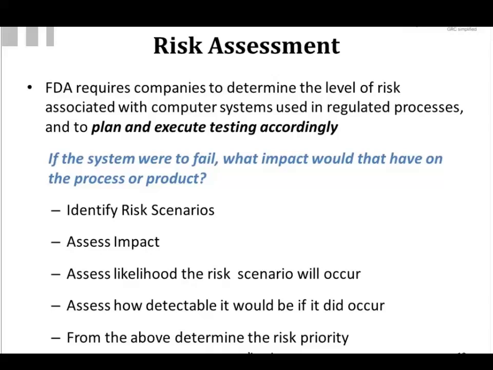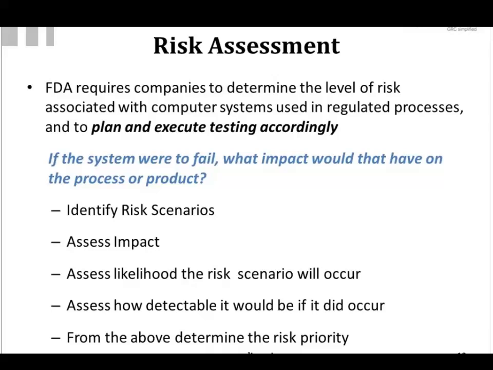Identify risk scenarios. Do the what-if analysis to say, what if this system fails? And this is very important in terms of testing because it's your way of best making sure you test for all possibilities. Now, based on each risk scenario, assess what the impact would be. Assess the likelihood that the risk scenario is going to happen.